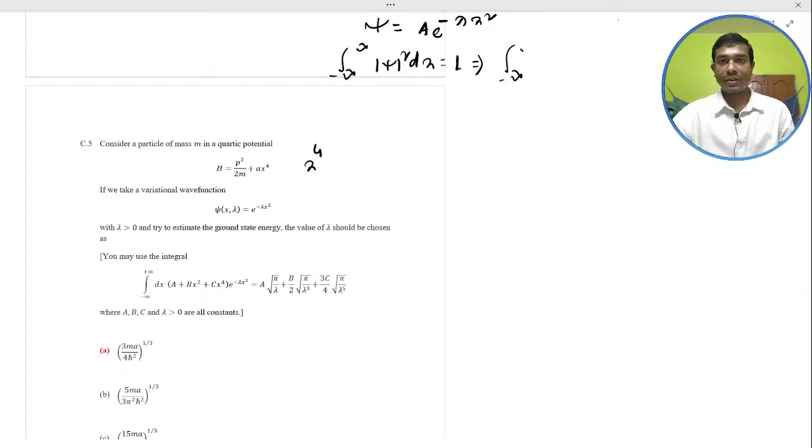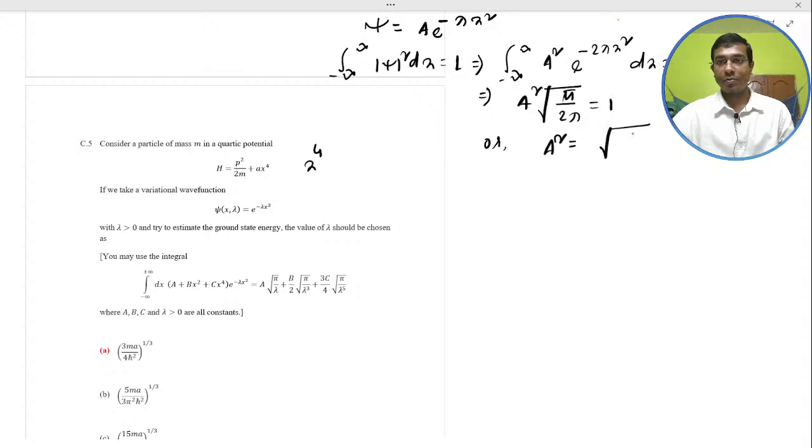That is the integral of A square e to the power minus twice lambda x square dx is 1. That is A square root of pi by twice lambda is 1, or you would get the A square value twice lambda by pi.